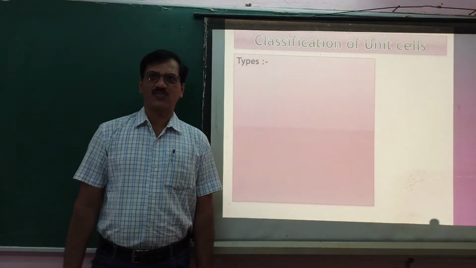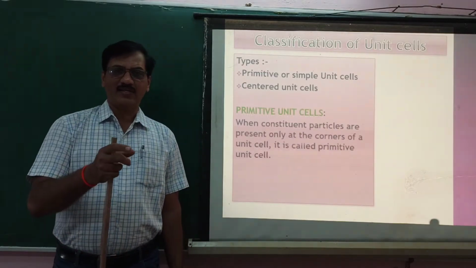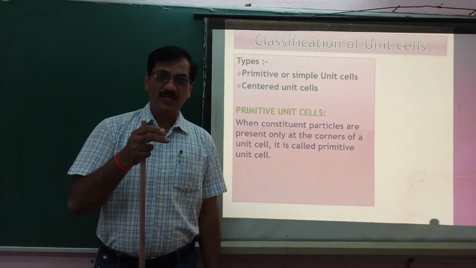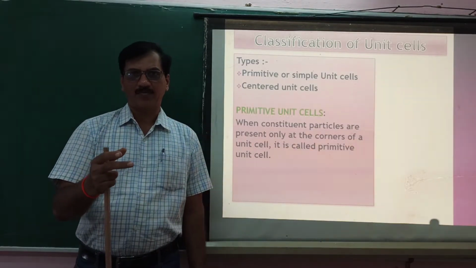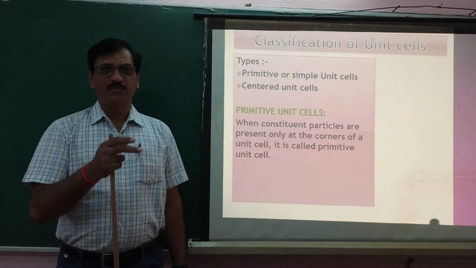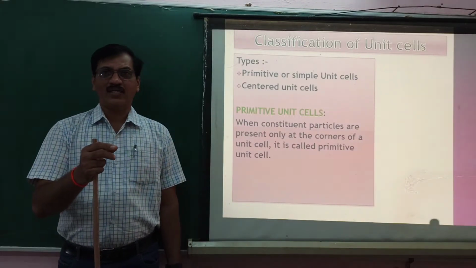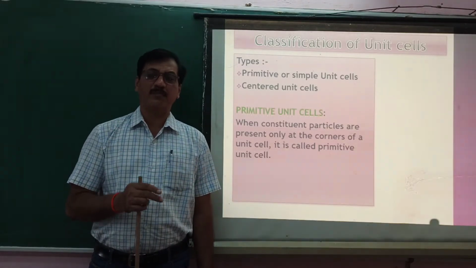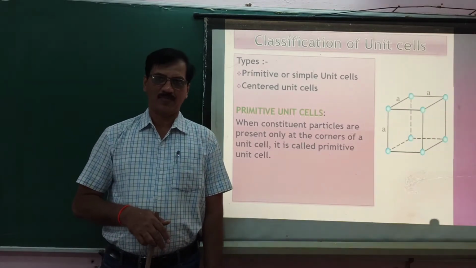If these solids contain unit cells, and each unit cell has different geometry, based on the arrangement of atoms in the unit cell, we can classify them as primitive or simple unit cell, or centered unit cell.